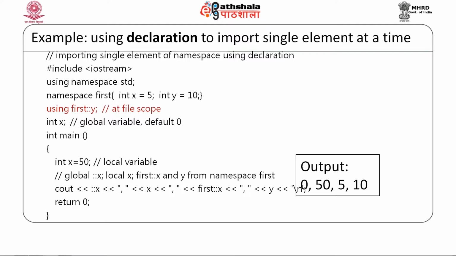Now, how they are referred, you can see ::x for the global variable, just x for the local variable, but first::x for the variable in the namespace first, and y is referred just as y, which can otherwise also be referred as first::y. But because it is imported here using declaration, it enables us to use it even without the qualified name.